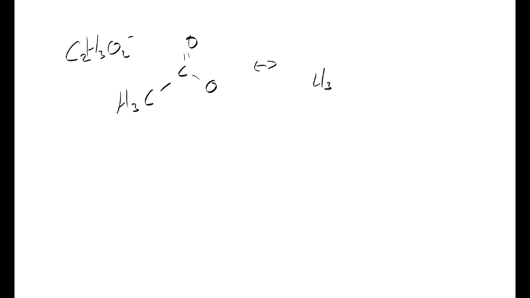Let's look at acetate, C2H3O2 minus. It's H3CCOO minus. Now, all we really care about is the resonance on the right-hand side of that molecule.